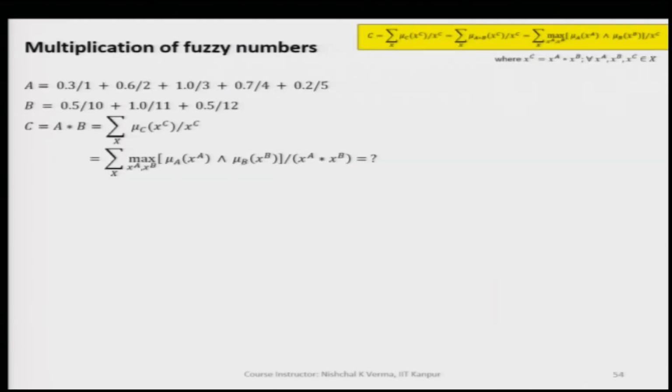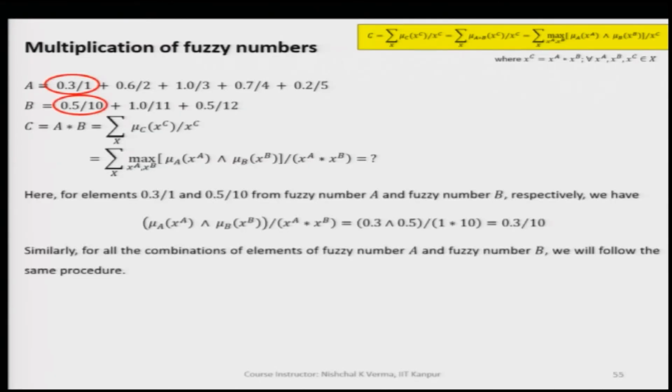Let us now apply the formulation that we have just discussed. We first try to find this term, which is mu a of x a min mu b of x b oblique x a into x b. Let us find the values mu a x a and mu b x b from the first combination.